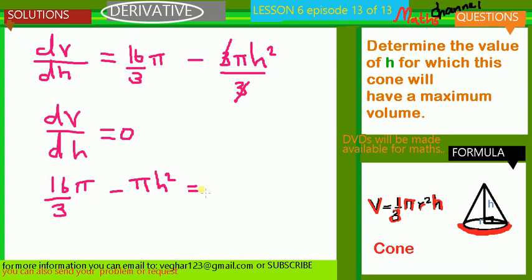You equate to 0, and then take everything like this one to the other side, not everything. Okay, let's take the h to the one side. Taking h to the other side is the same as this.